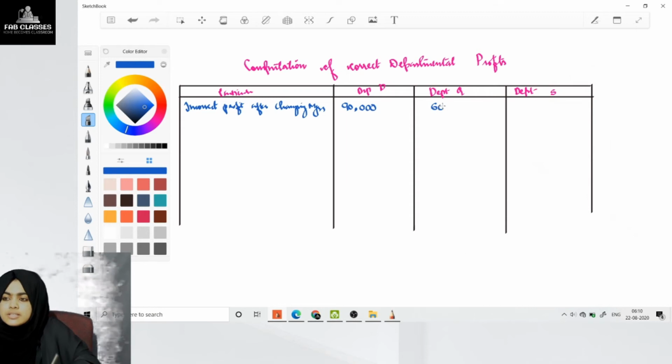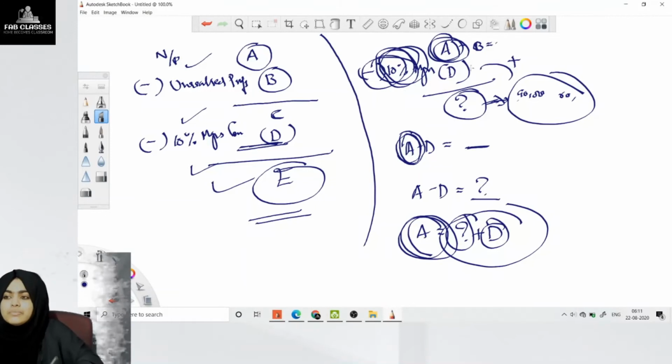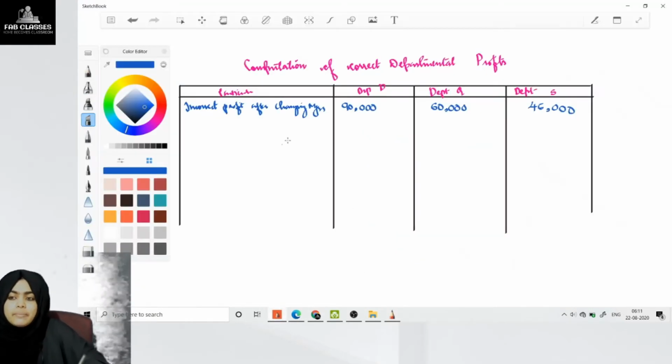90,000, 60,000 and 45,000. So as I said, the value after subtracting the 10% manager's commission from the original net profit, that is A minus D, is given. So if we want to obtain the original net profit, we have to add back the deducted 10% manager's commission.